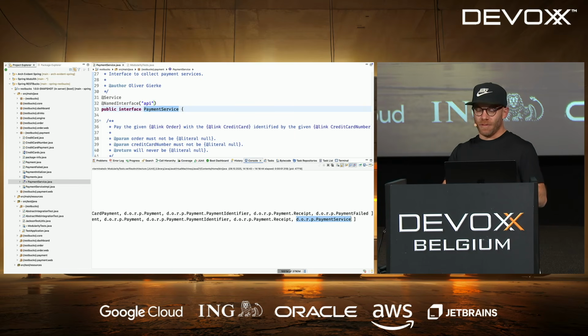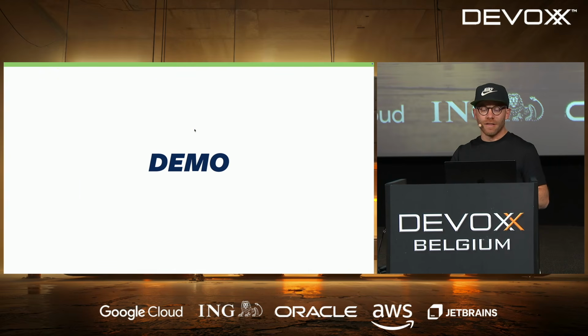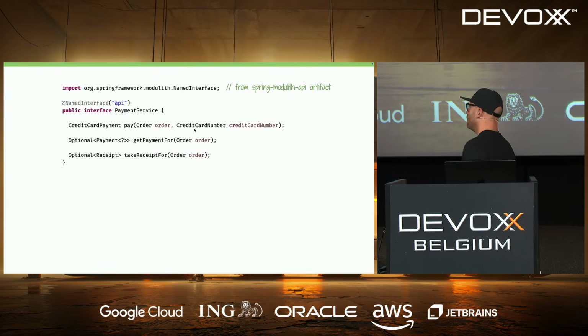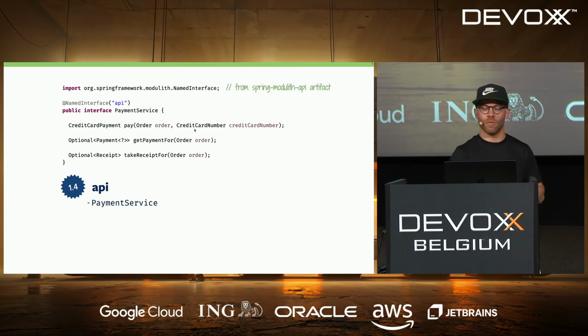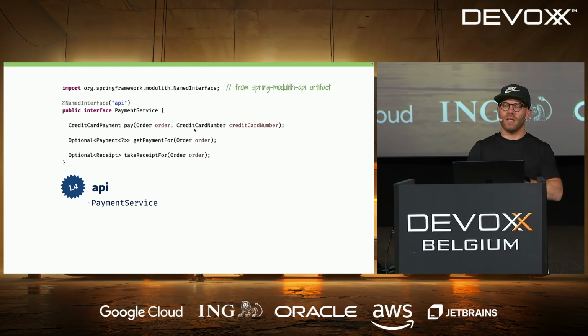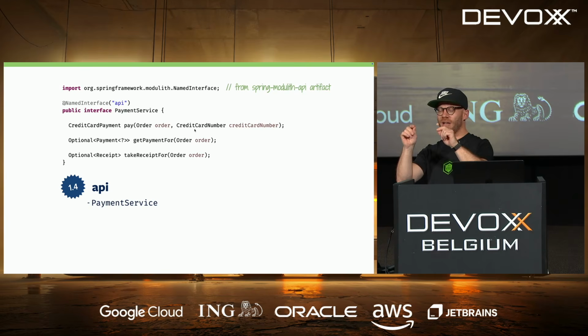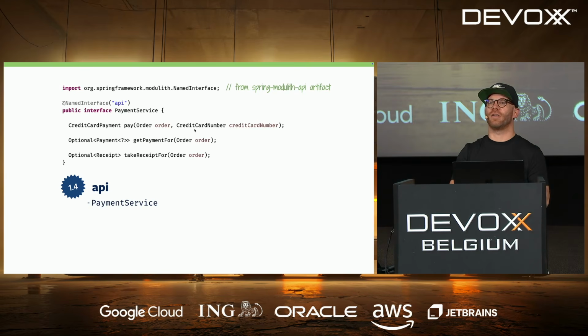And you probably ask the question, okay, why is it that we pull in all these types here? That's a difference between version 1.4 and the upcoming 2.0, right? In the current generation, only the type that was really annotated with @NamedInterface("API") was included.